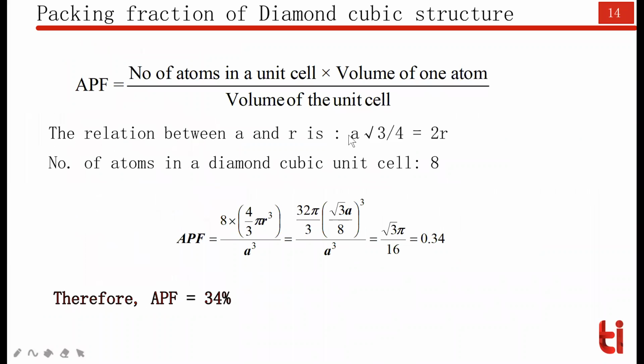So root 3a by 4 is equal to, you have an atom at the tetrahedral site and another atom at the corner, so it is r plus r. So root 3a by 4 is equal to twice r.